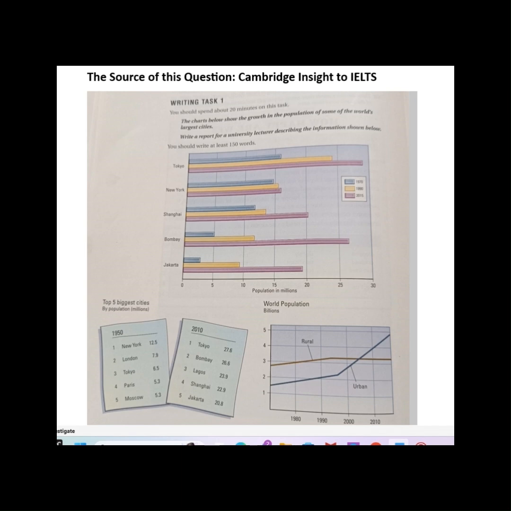There are 2 points in this instruction. The first one is main features. That means broad trends. Okay? If the question contains a lot of information, you take the broad trends. And if a question contains a little information, then take the most from the question. Okay? The next point is comparison. That means similarities and contrasts.